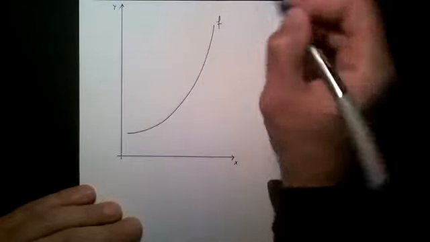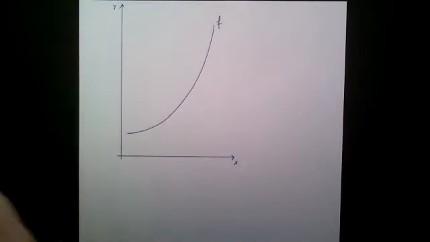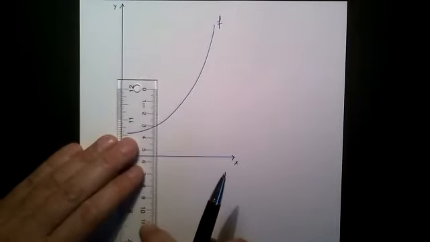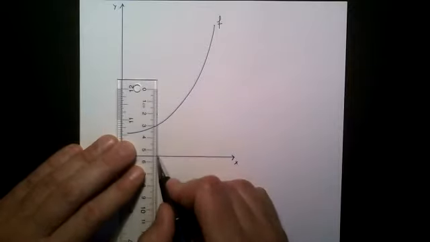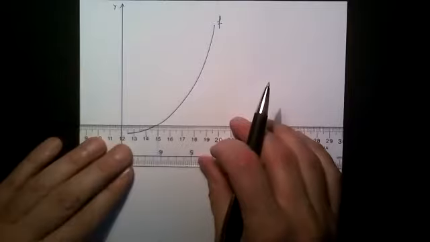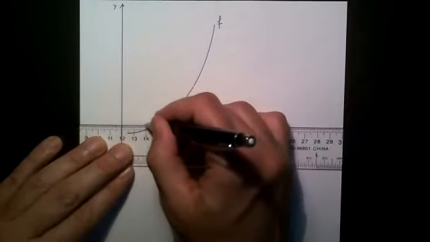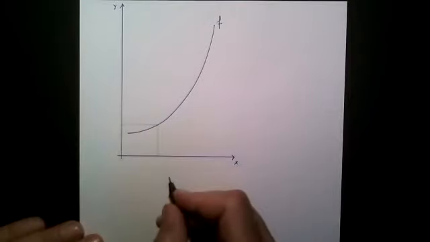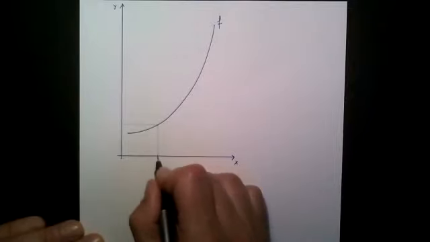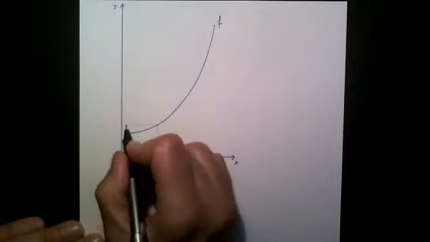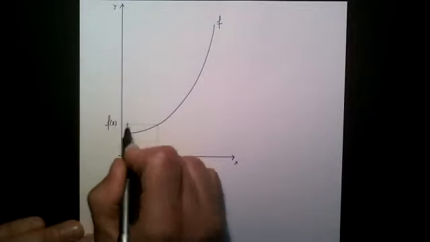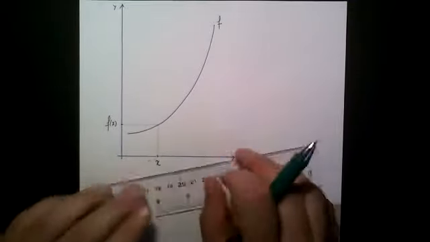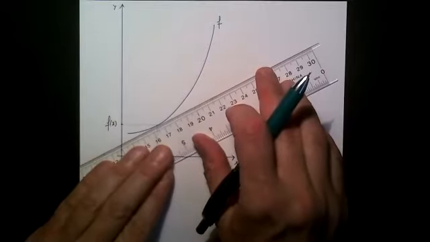Again, my function f. And again, I'm going to take my points (a, f of a). So here I'm going to take any value x, and here I will have f of x. Okay, so again, just like we did before, I'm interested in this slope.